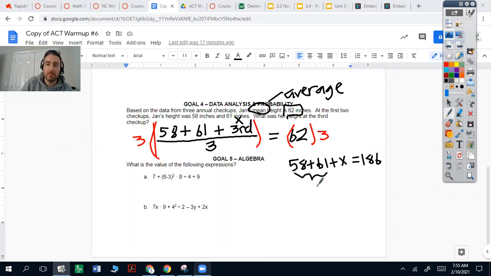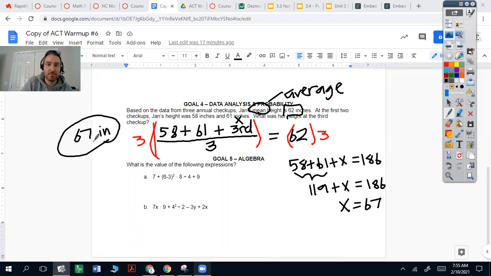It's 119. And so I can just subtract from 186. And it looks like her third is going to be 67. So she was 67 inches. Ooh, that's a big discrepancy in her height, but that is right. 67 inches. That's Jan for her third.